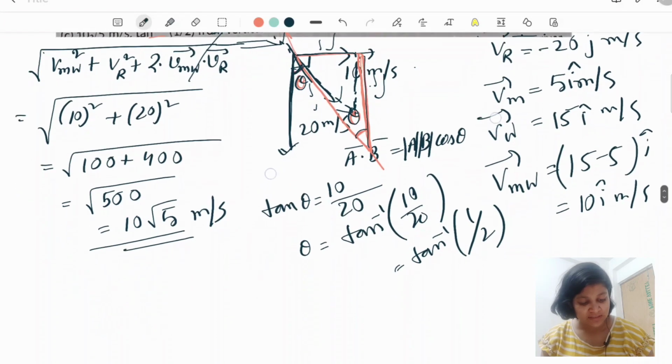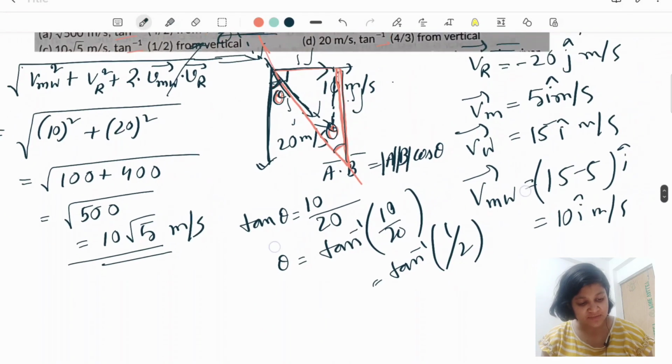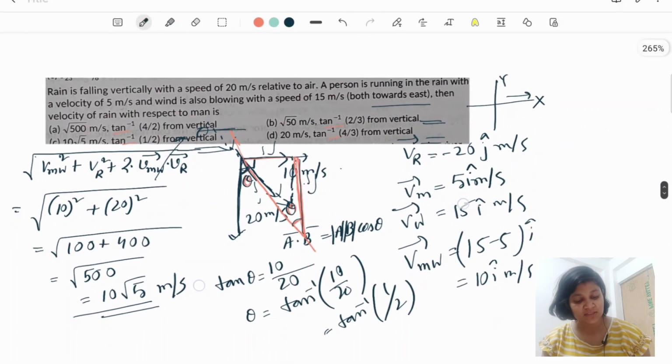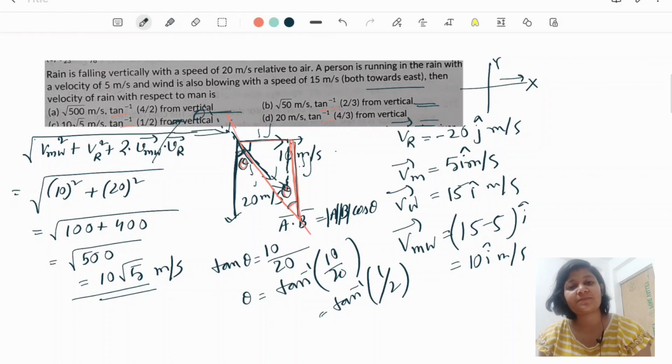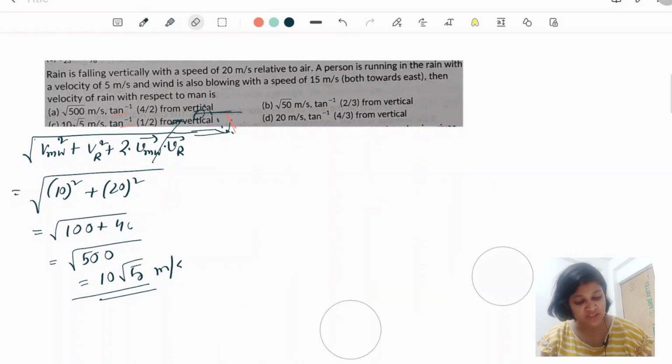Hope this example is very clear to you, because in our upcoming sessions we are going to solve a lot of problems involving relative velocities, resultant velocities, the component of a velocity along a particular direction, and other problems involving the 3 new equations that we learned in today's session.